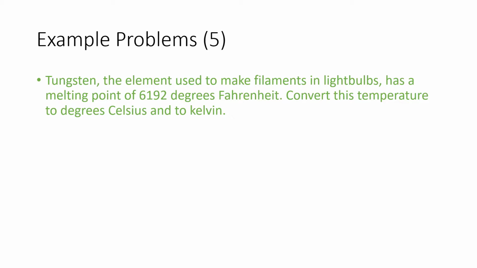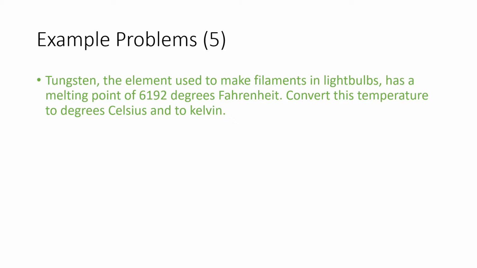Another problem that we might have here. Tungsten, the element used to make filaments and light bulbs, has a melting point of 6,192 degrees Fahrenheit. Convert this temperature into degrees Celsius and then into Kelvin. Again, this could be a dimensional analysis problem, or a conversion problem.